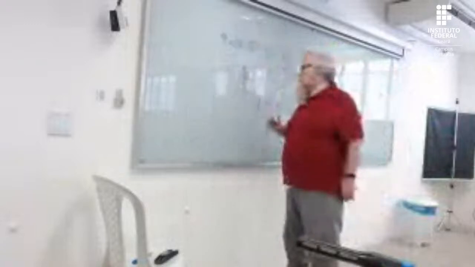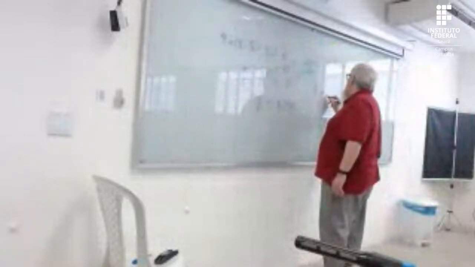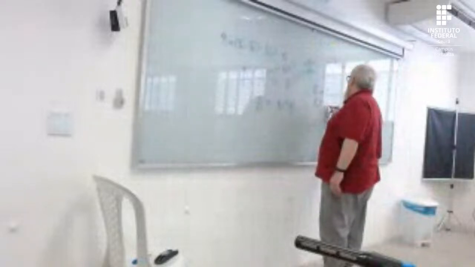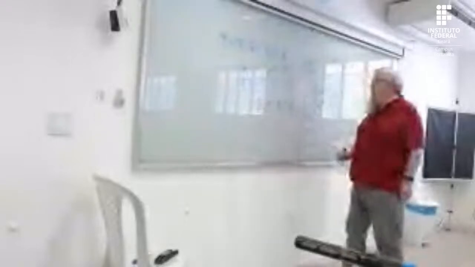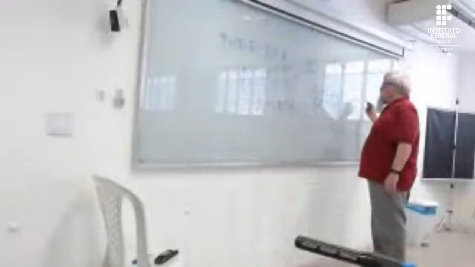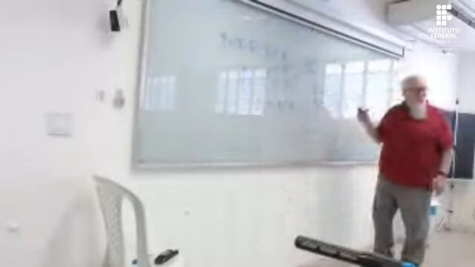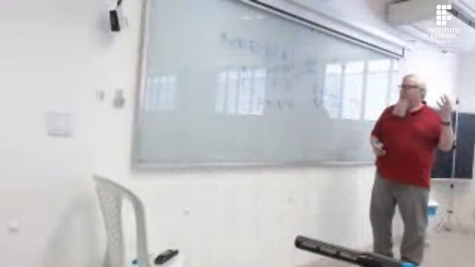So I say R1 goes to R1 plus delta R, and R2 goes to R2 plus delta R. Then R1 minus R2 stays the same. This doesn't change. So what this means is that if I have a network and I move it in space, then my delay stays the same. Does this make sense?